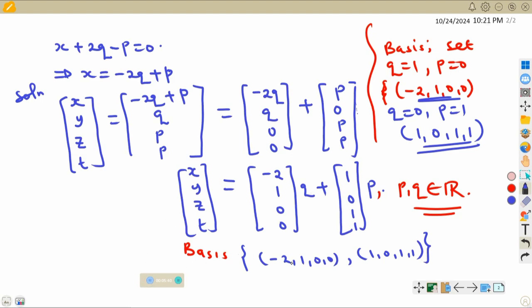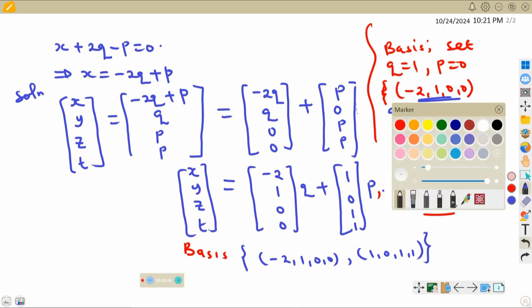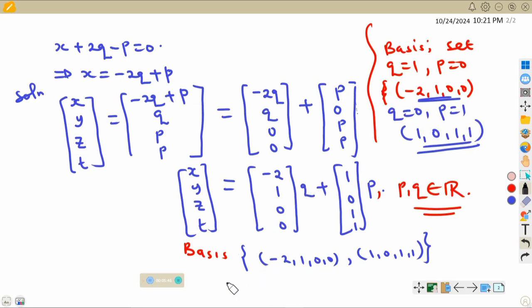Having got the basis, we can now obtain the dimension by simply looking at the number of elements in the basis. These are elements of R to the power 4 because we have 1, 2, 3, 4 entries. So the dimension of the solution set will basically be 2, because we have only 2 elements in our basis set.